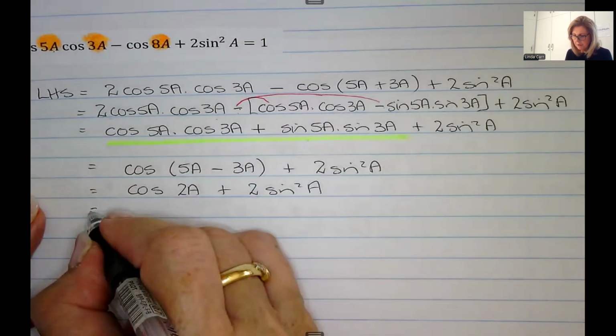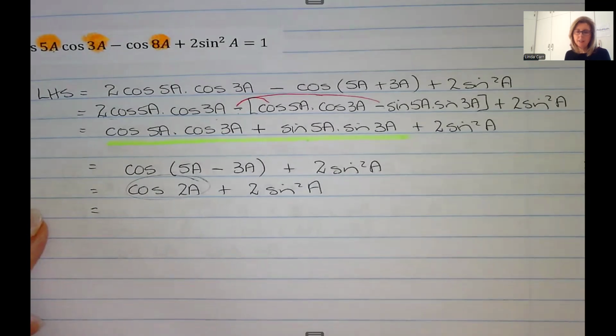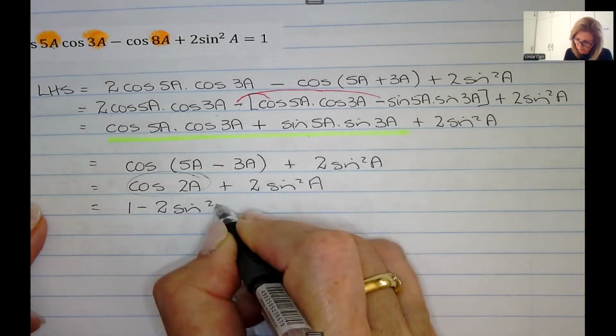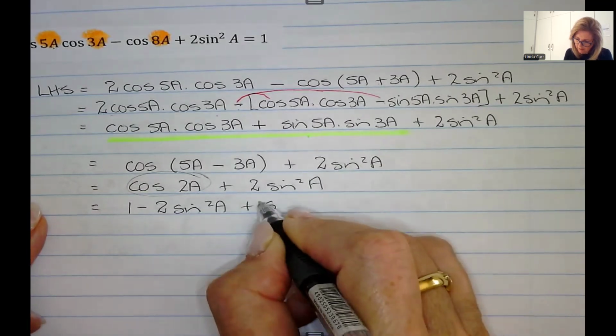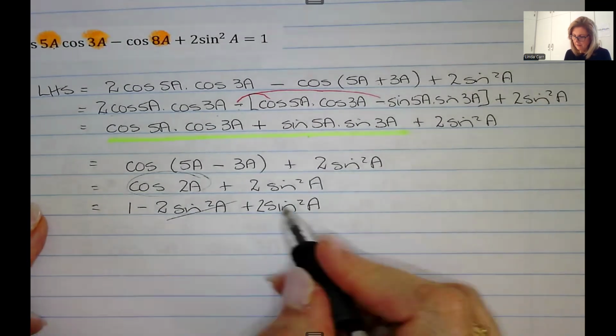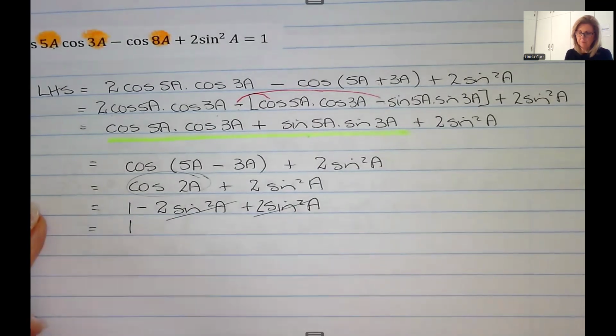And now we have absolutely no doubt what we're going to choose there. We're going to go with the 1 minus 2 sine squared A. And we're left with 1.